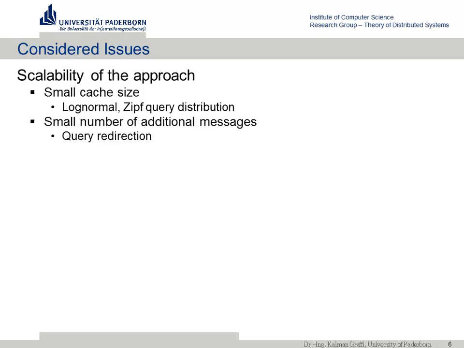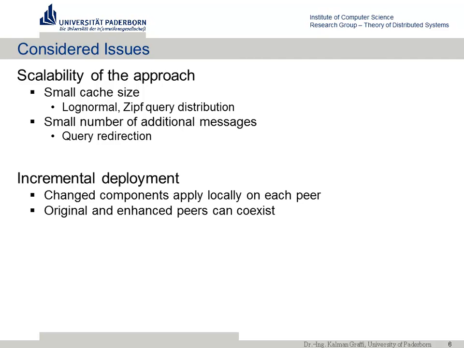It's also not a big issue because you only have a small number of additional messages. In the example before, you saw that there was only one additional hop in the reply back that was introduced.